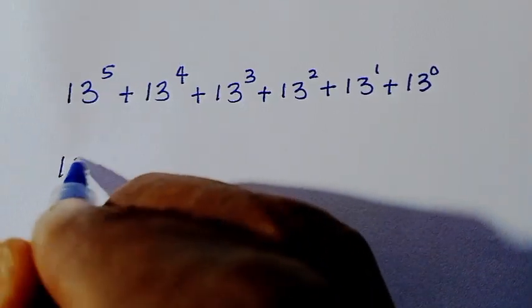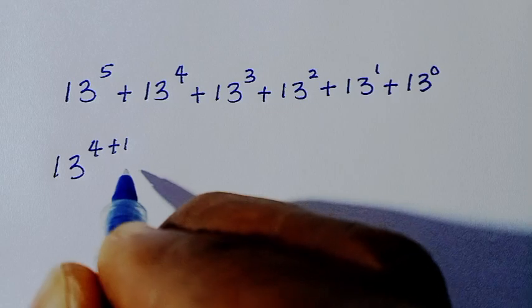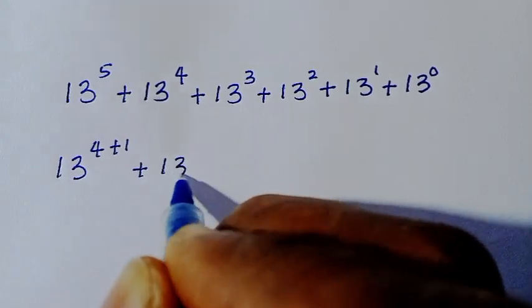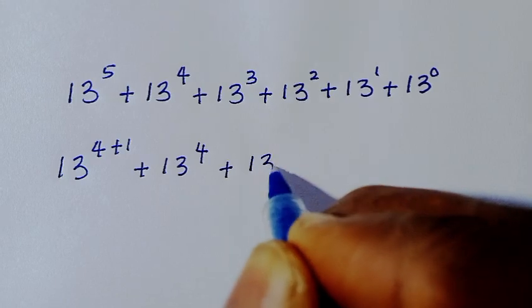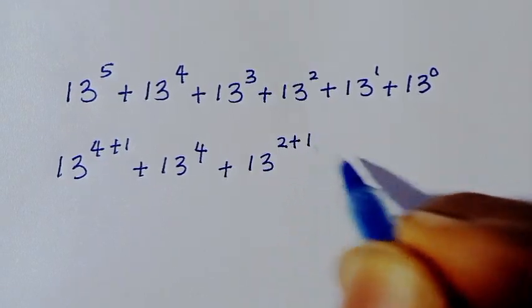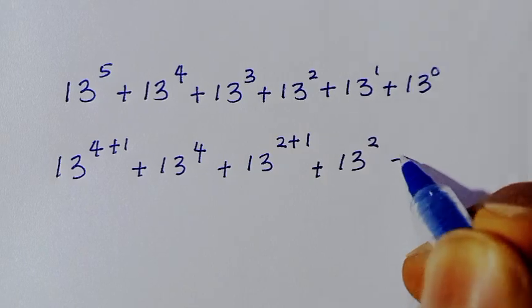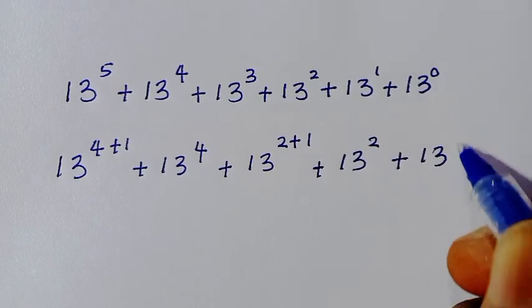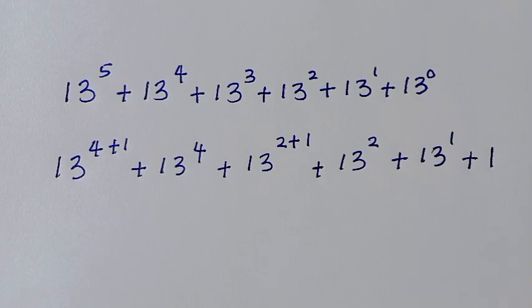So the first one is 13 raised to the power of 4 plus 1, plus 13 raised to the power 4, plus 13 raised to the power 2 plus 1, plus 13 raised to the power 2, plus 13 raised to the power 1, plus, and any number raised to the power 0 equals 1.